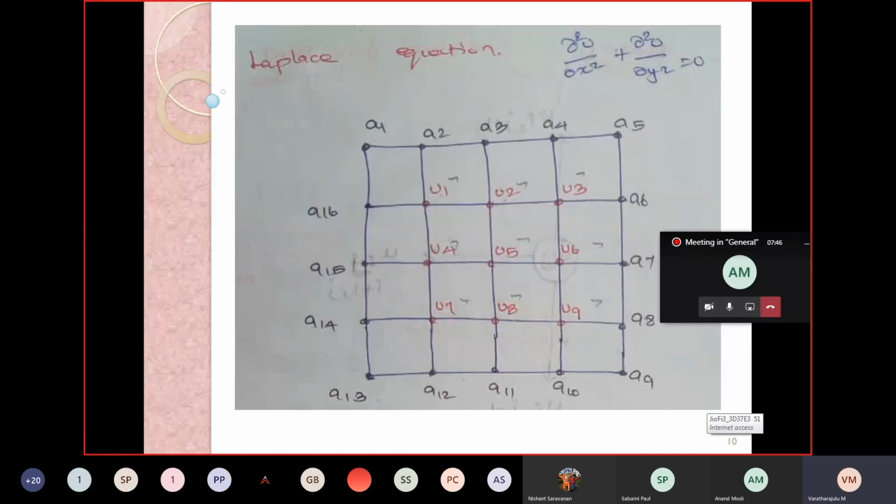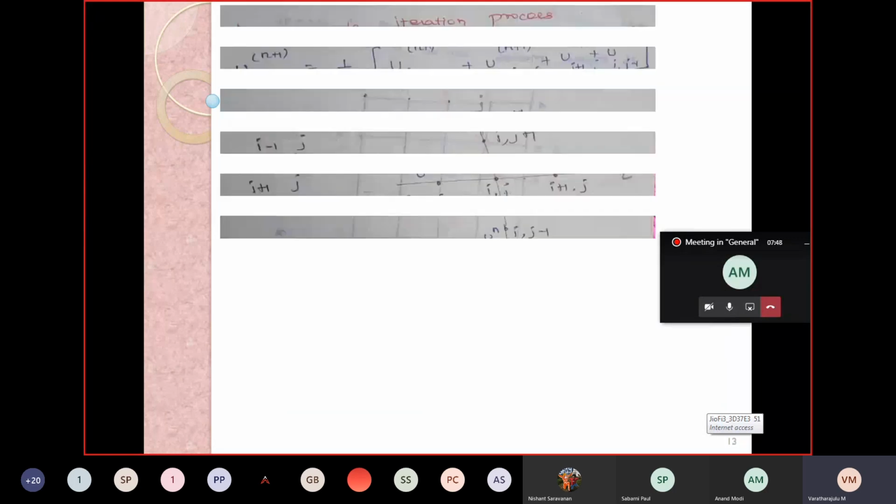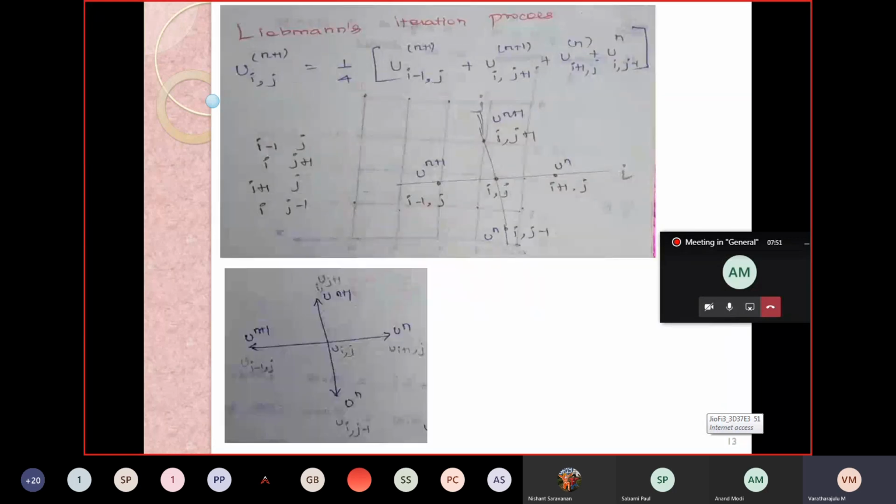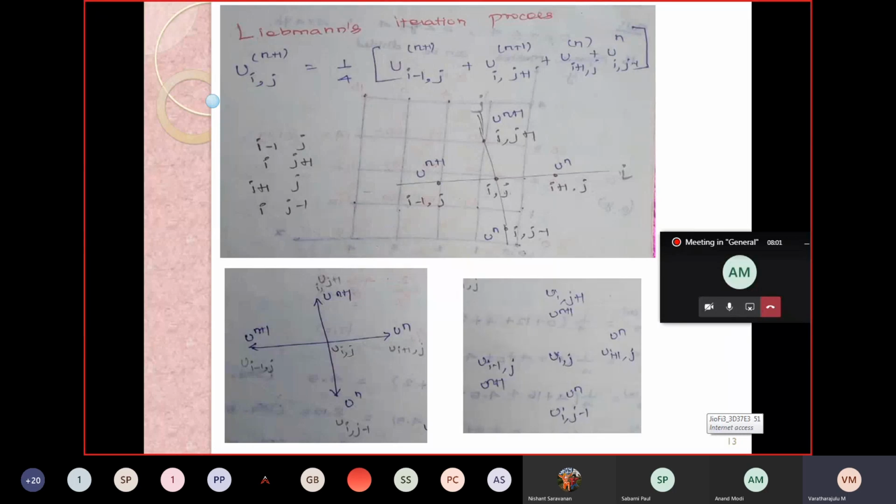And we have started our problem, and this is Liebmann's iteration formula. When there is an updation in the u value, that has to be considered for subsequent values in the present iteration itself. We need to consider the newer iteration's value, as we did in Gauss-Seidel.